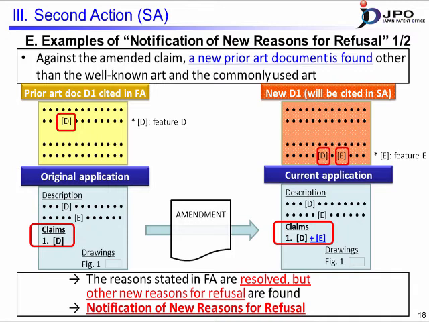That means that the reason for refusal in the FA was resolved, but the examiner found a new reason for refusal. In cases like these, the examiner makes the second action, wherein he or she again sends a notification to the applicant of a new reason for refusal based on a new D1.